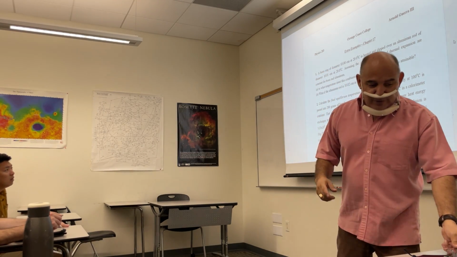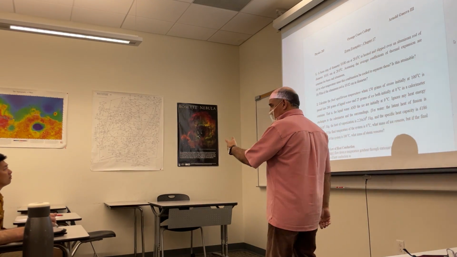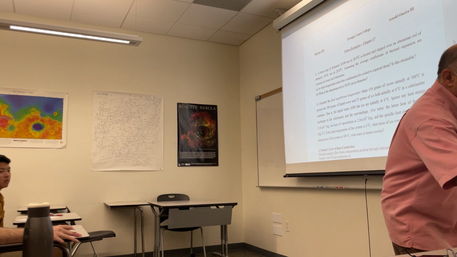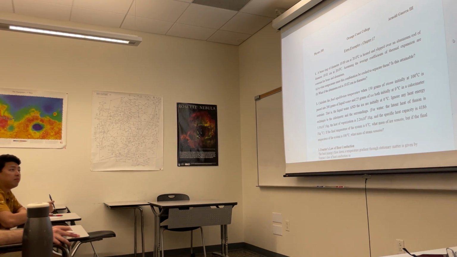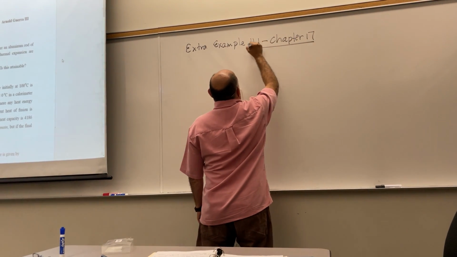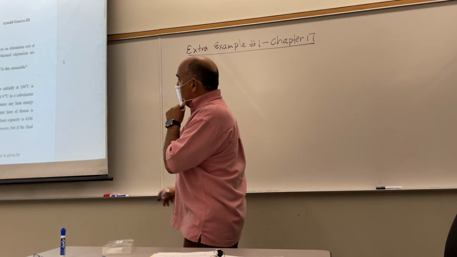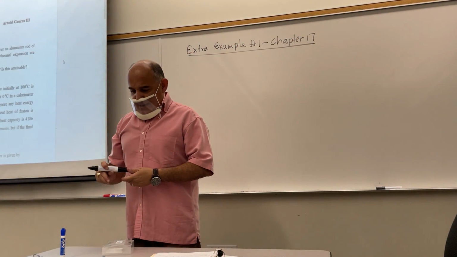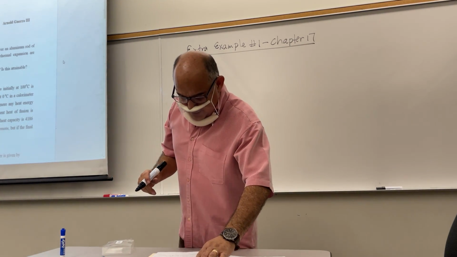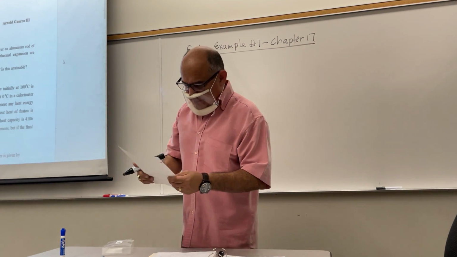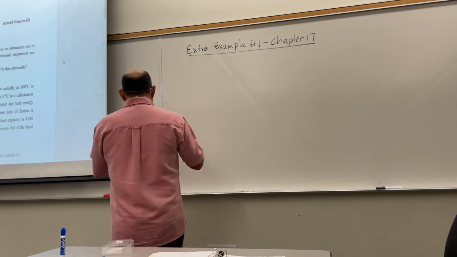The way I want to do it is, well, let me give you this information. This is extra example number 1, chapter 17. The other one was extra example number 2, chapter 17. And we have brass and aluminum. Let me write down the coefficients of thermal expansion, since I don't remember them.